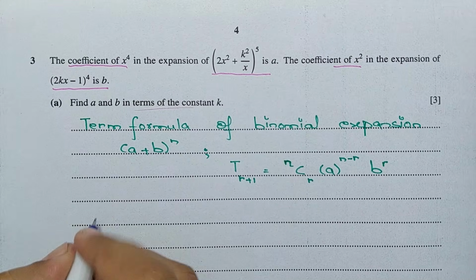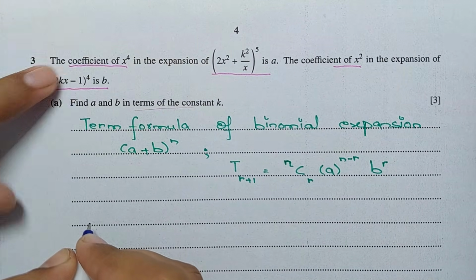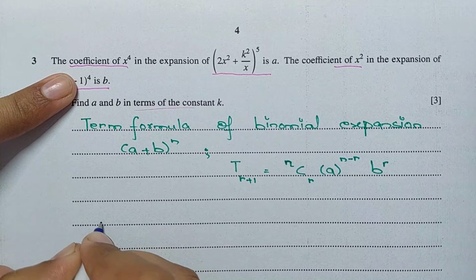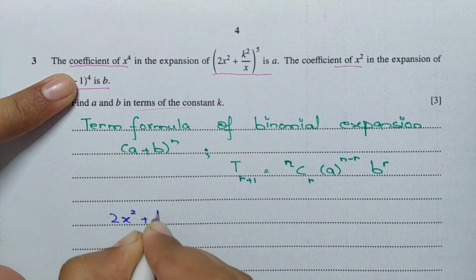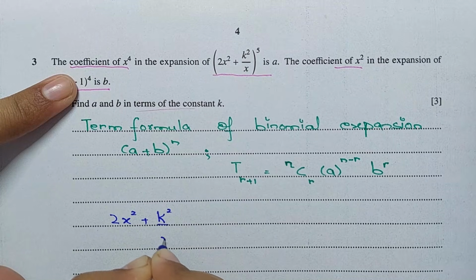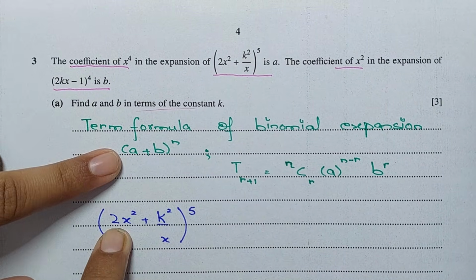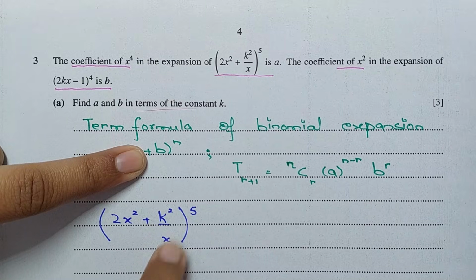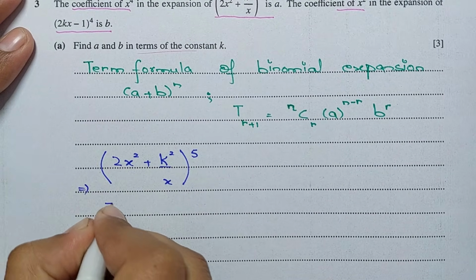So the first expansion is this. Okay, so we can say (2x square plus k square over x) to the power 5. The a value is 2x square, the b value is k square over x, and the n value is 5, right? Now apply the term formula.